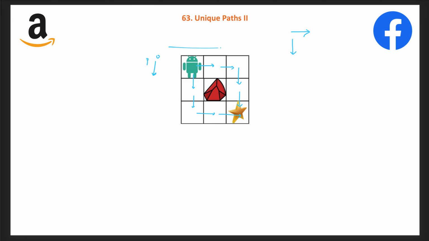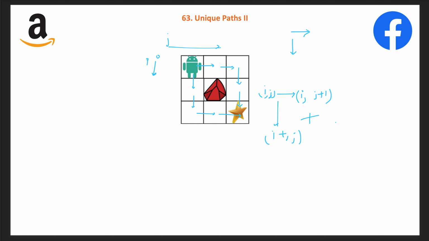If the robot is on any cell i comma j, it has two options: it either goes to i comma j plus 1, or it goes to i plus 1 comma j. These are the two next cells the robot can take, and these are the two different branches from the current cell. We will sum them up to find the total number of paths.